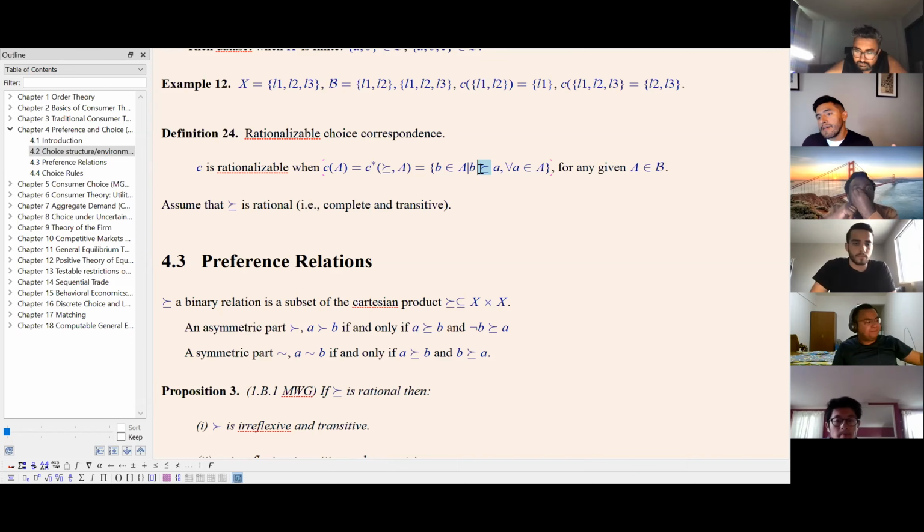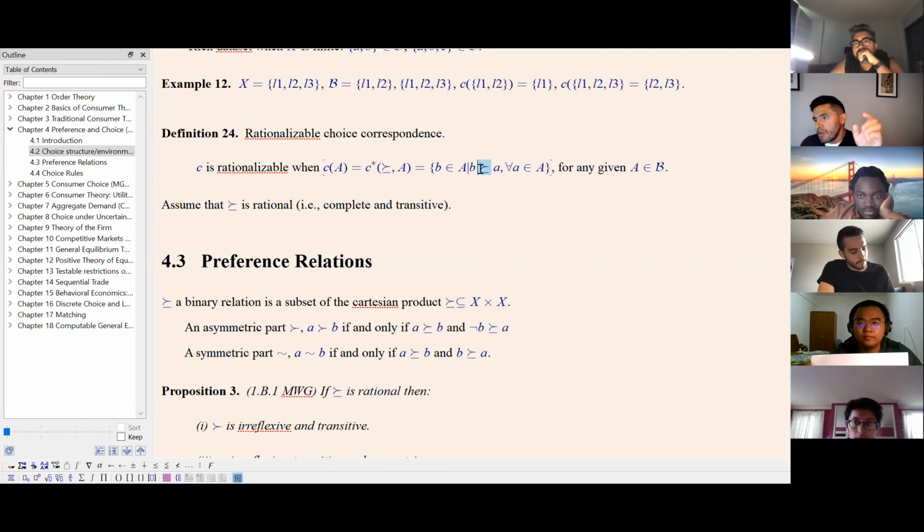Another way to describe it is that all items here are never dominated by any other objects inside the menu, okay? So you're never dominated. This is exactly the same as being the elements at the top because my preferences are complete. Under completeness, these two descriptions are equivalent. Everyone got it?